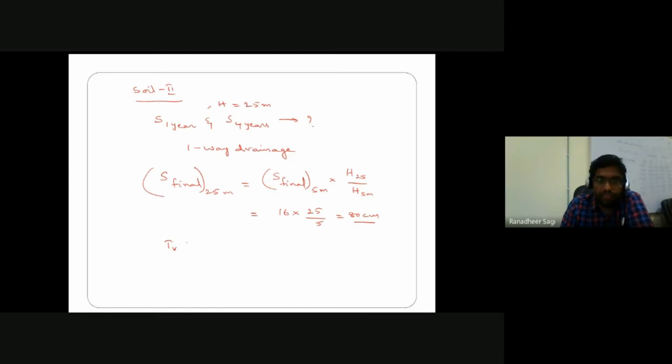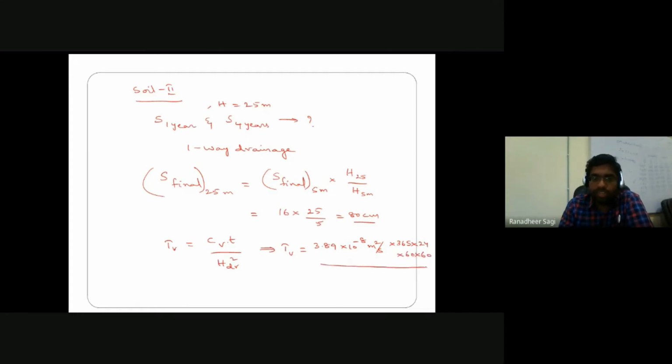The time factor Tv is nothing but Cv into t by Hdr square. If I go ahead to calculate the time factor Tv, or simply T, the Cv value we already calculated in our earlier discussion, that is 3.89 into 10 to the power of minus 8 meter square per second, into the time we are looking at, 1 year. 1 year I can write as 365 into 24 into 60 into 60 seconds.